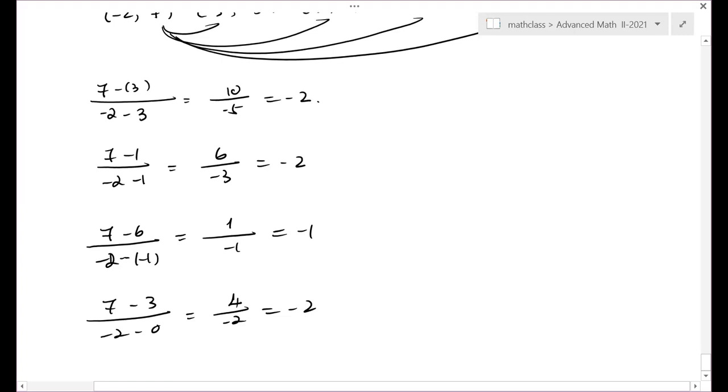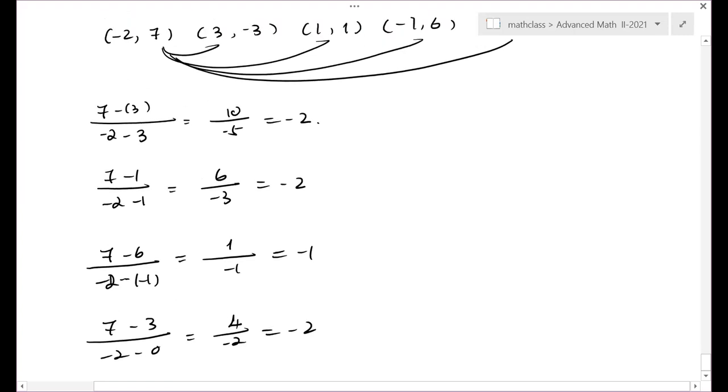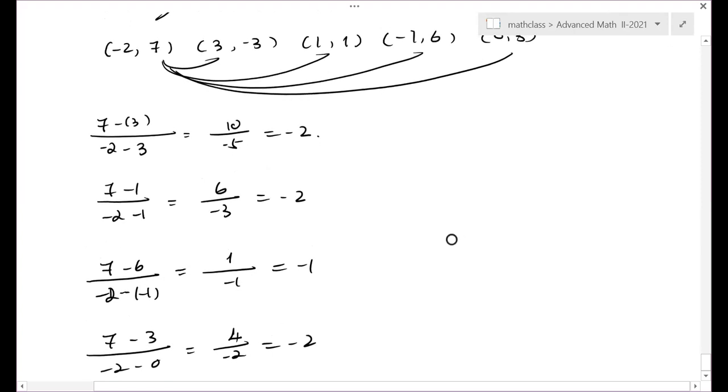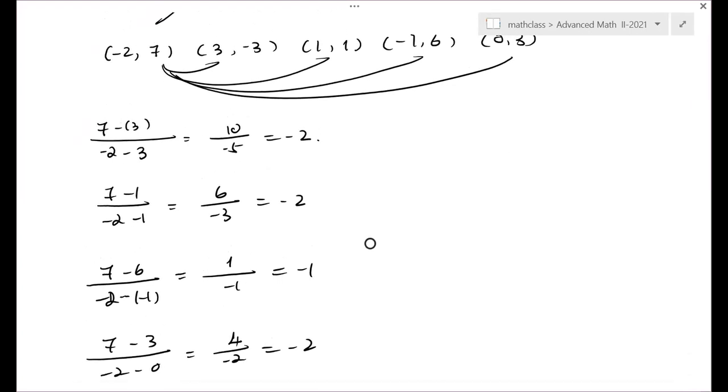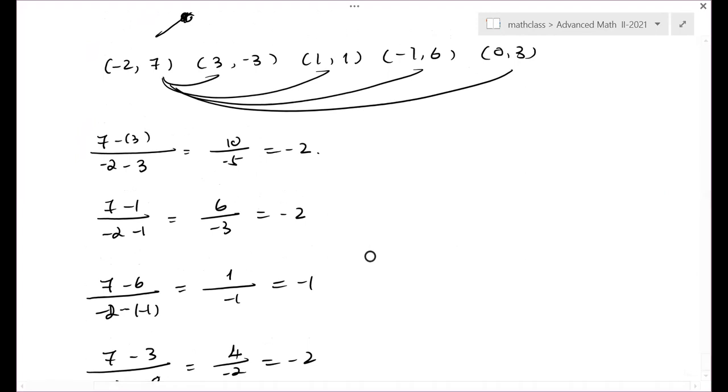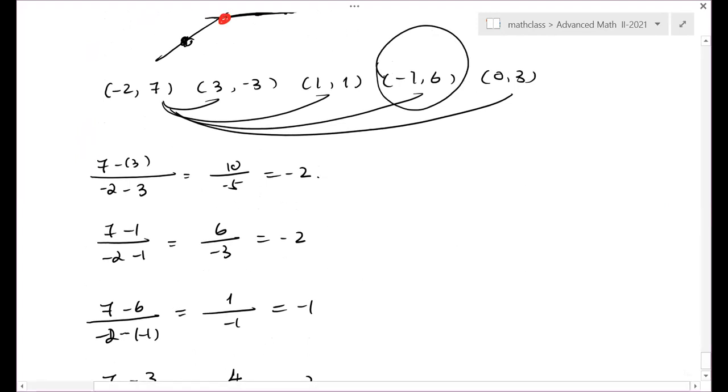So this is a point not on the same line as the other 4 points.